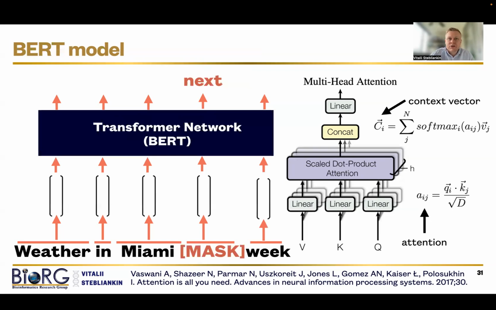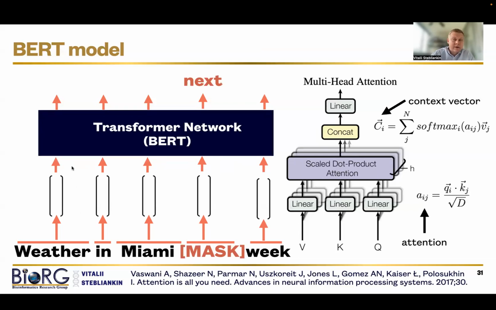Now you can ask the question, so what do we do with this? Let's cover an example of the BERT model. During the training, we randomly mask some portion of the text in the sequence. We call it a mask token, which is a fixed vector.